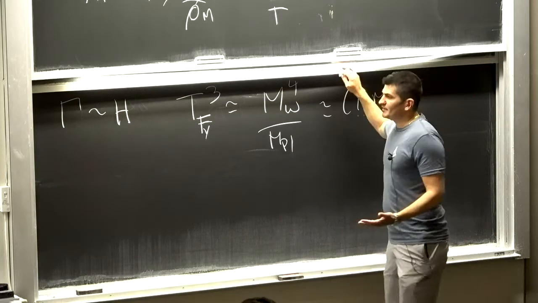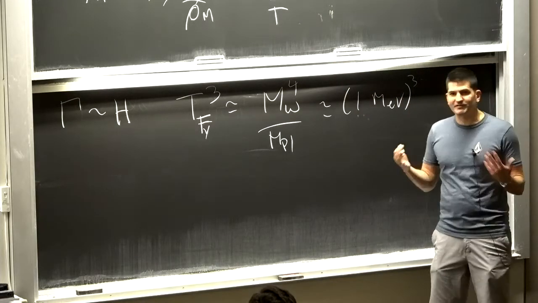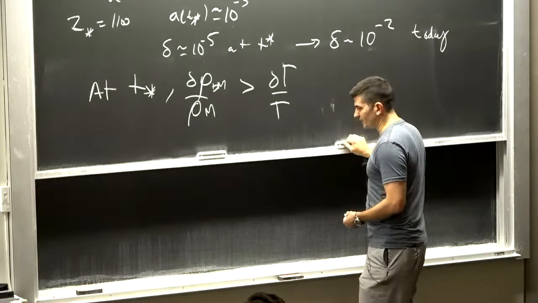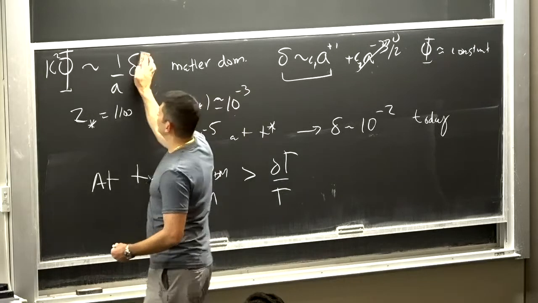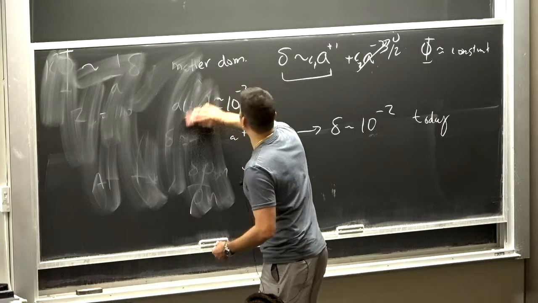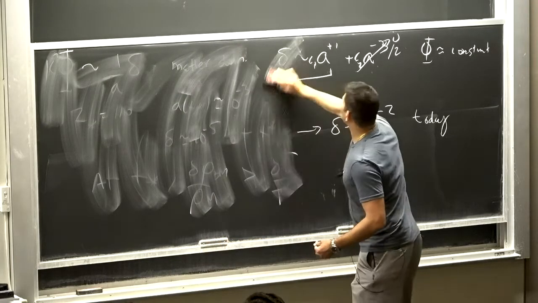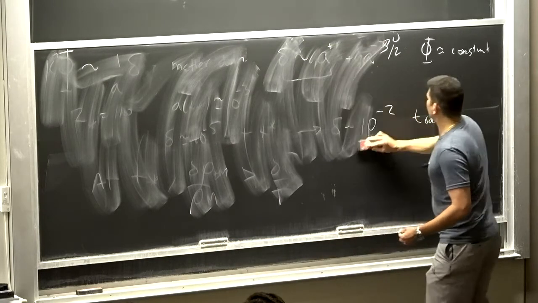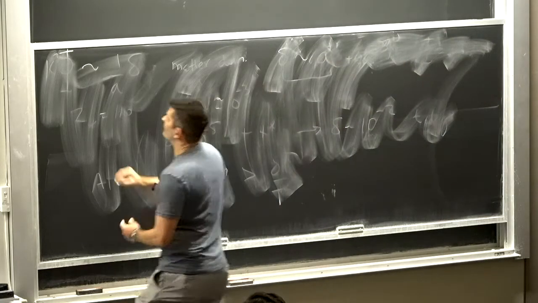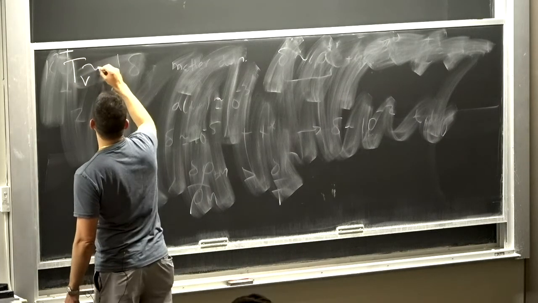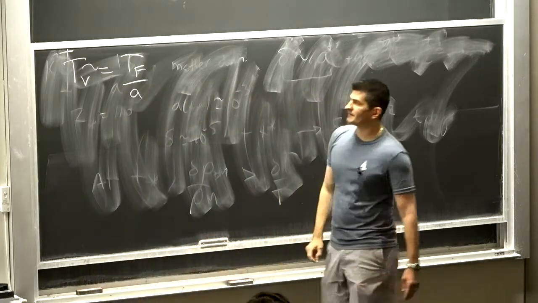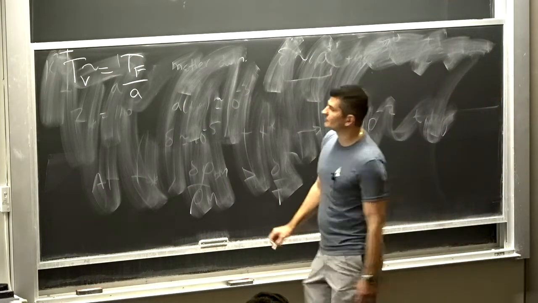The only thing that happens is that everything redshifts, so all physical length scales just go like 1 over A. The neutrinos are very boring, and nothing else happens to them for a while, so their temperature just goes like 1 over A. The neutrino temperature is just equal to whatever it was at the moment they decoupled from the standard model, times 1 over A.